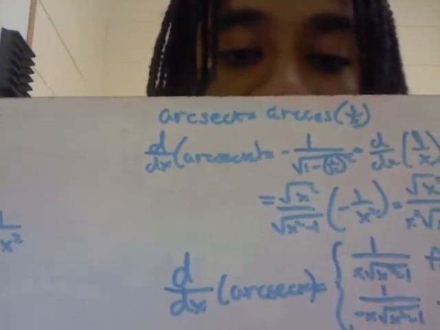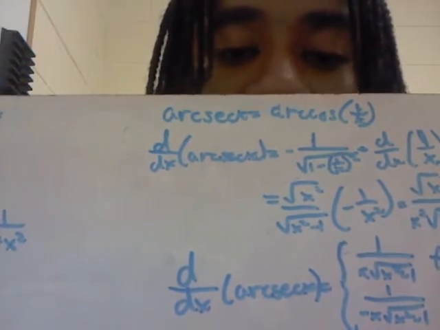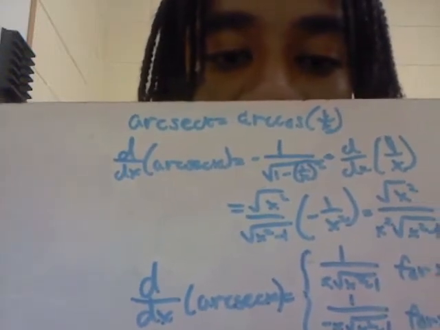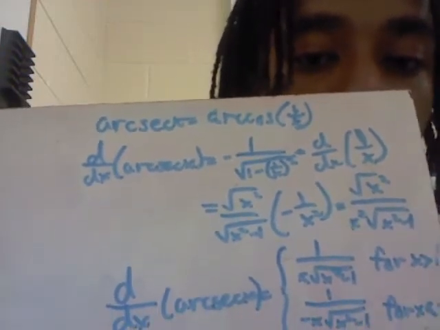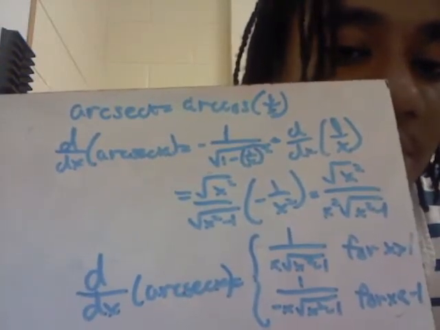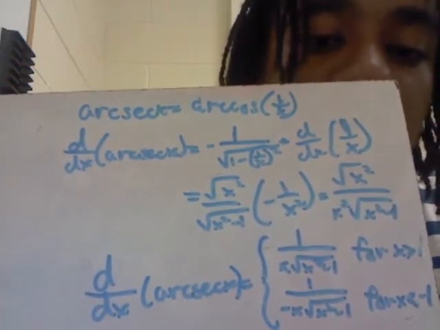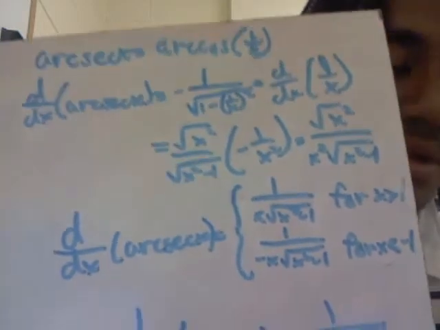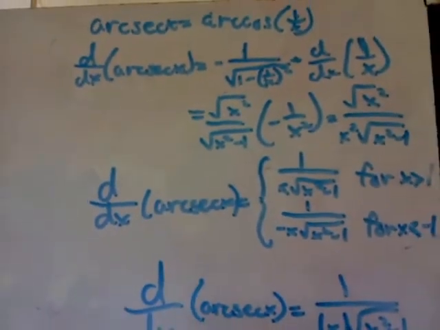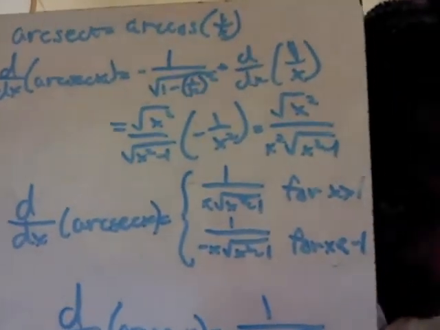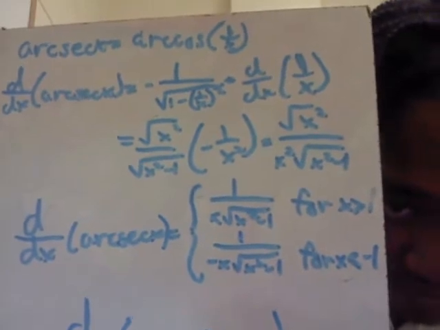This will give you square root of x squared over square root of x squared minus 1 times negative 1 over x squared, which will equal square root of x squared over x squared times square root of x squared minus 1.